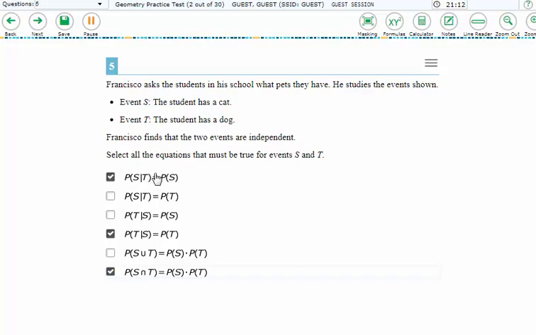Again, the definition with the conditional probability for independent is that the fact that the student has a cat, whatever the probability is for that, will be equal to the student having a cat given that they have a dog. It would be the same.